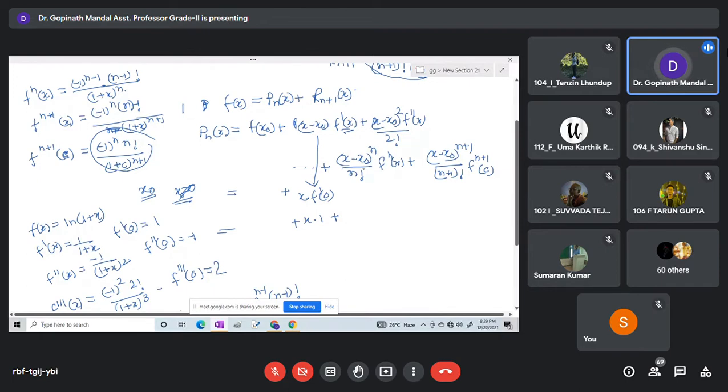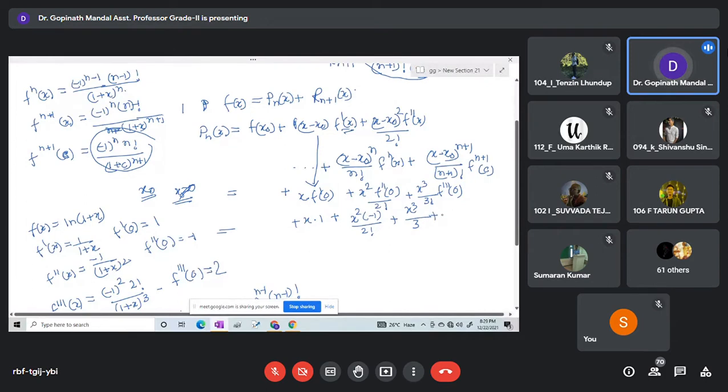Now the second term is x minus 0 square, means x square, f double dash 0 by factorial 2, that is minus 1, so x square minus 1 by factorial 2. Third term is x minus 0 cube, that is x cube by factorial 3 and f triple dash 0, that is 2. So this will be x cube 2 by factorial 3, that is 3, right?